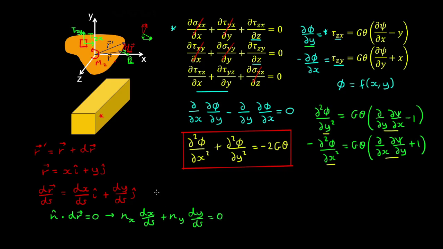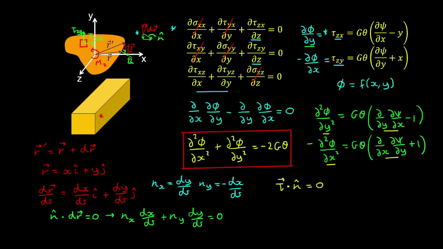So therefore nx is dy ds and ny is minus dx ds to satisfy that equation, which you can visualize up here, where we have dr and the normal vector. So our boundary condition is that the shear stress must be perpendicular to the normal vector at the boundary.